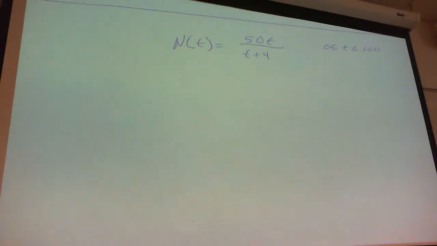Our only thing we're looking at, are there any vertical or horizontal asymptotes? A minute or two. Are there any vertical or horizontal asymptotes in between 0 and 100?